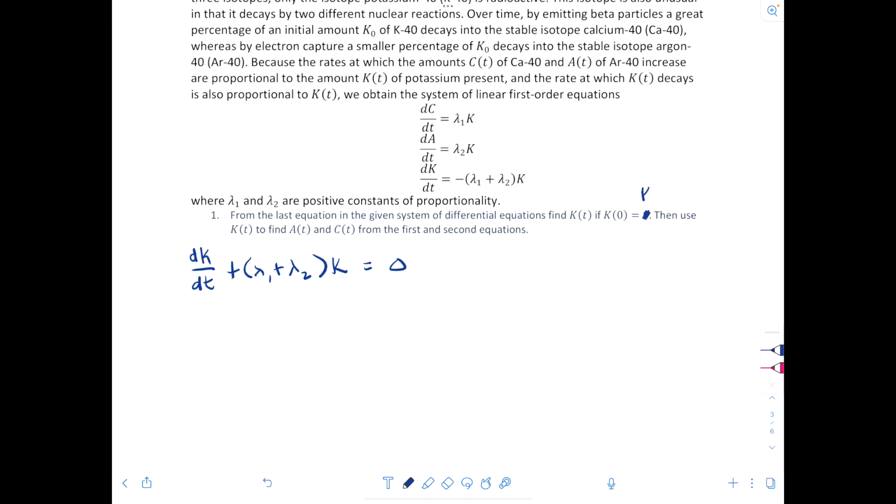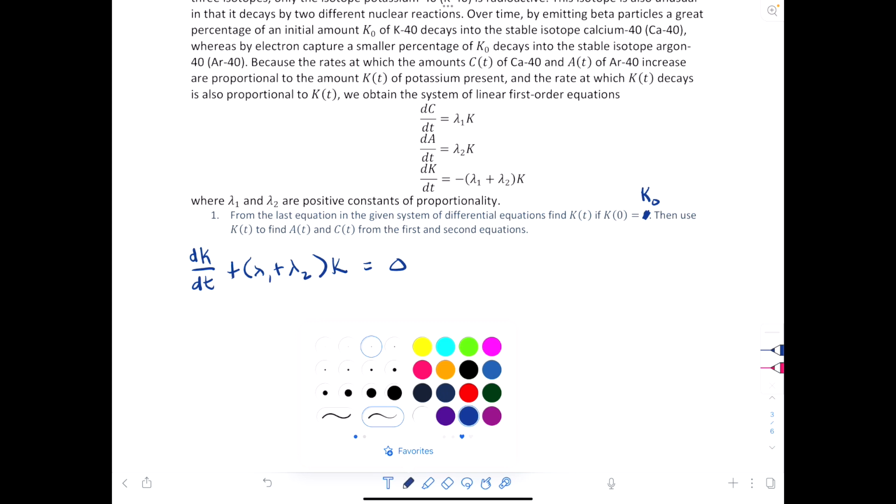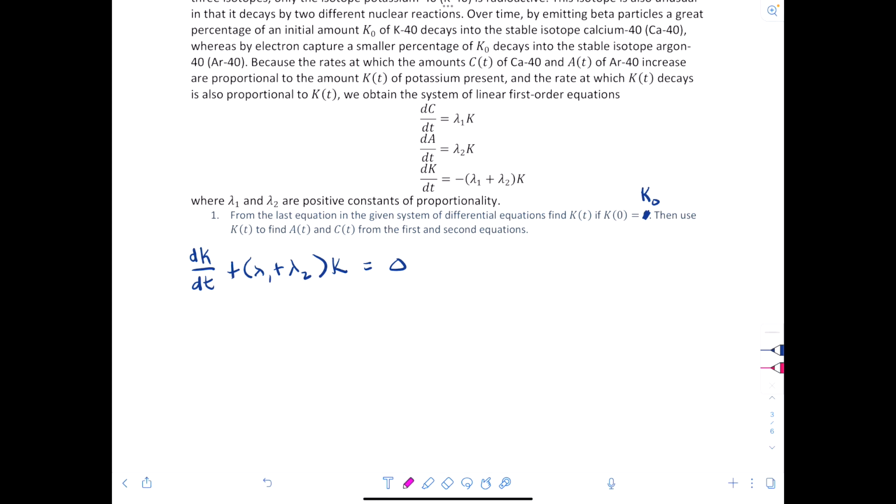This is K0. So we need to find an integrating factor, because this is linear in form.